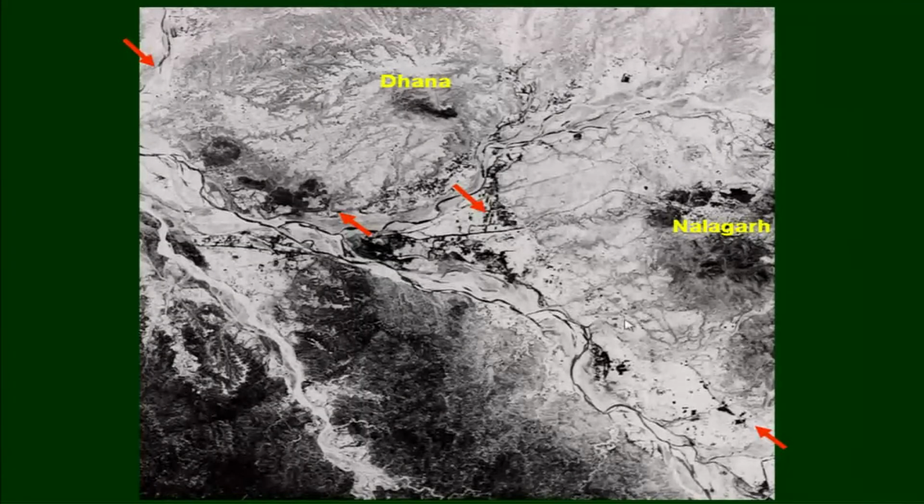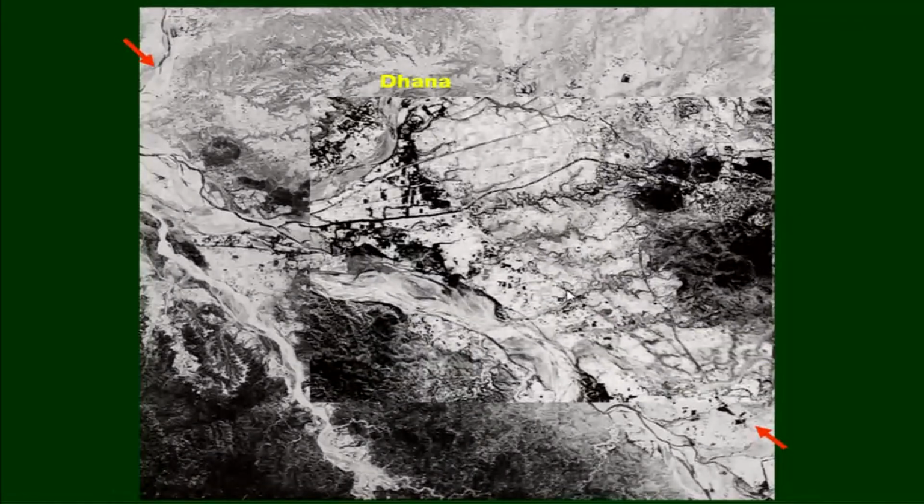So it is back tilted because of the deformation along the thrust fault here. So let's see a close up of this one. If you look carefully, you find that the channel is quite tight here in the sense of the sinuosity.